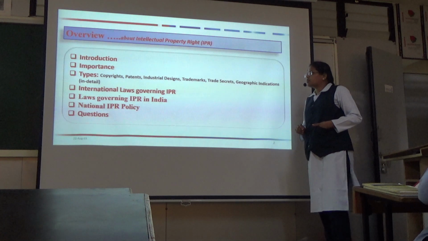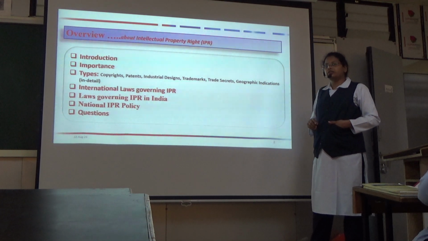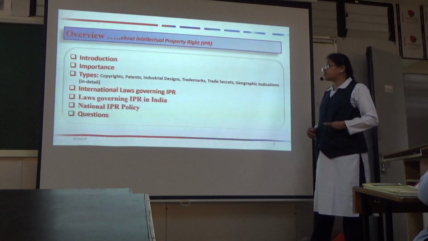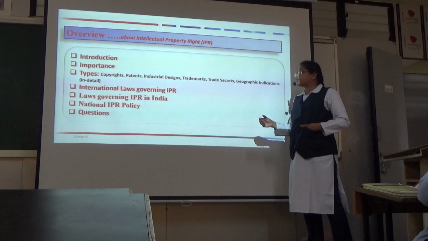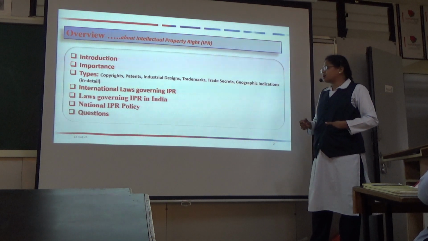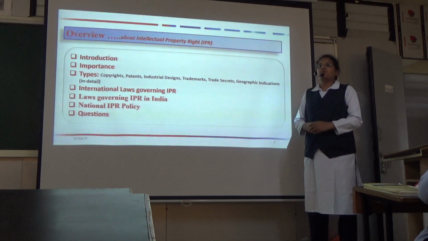And we will discuss the international laws which govern intellectual property rights. Then we will see the Indian scenario, means the laws which govern intellectual property rights in India. Then what are the policies?